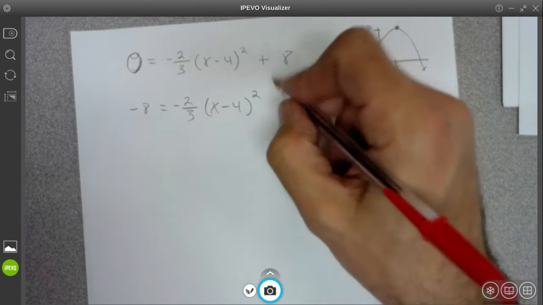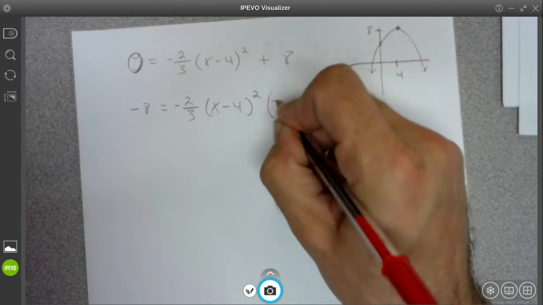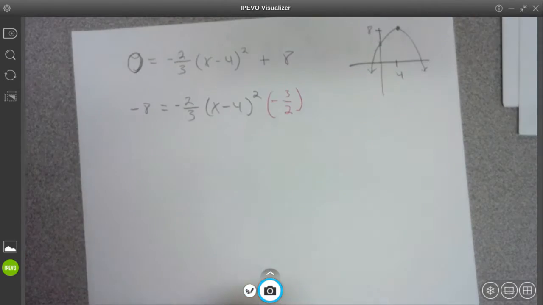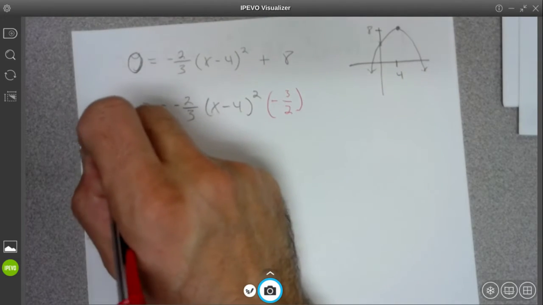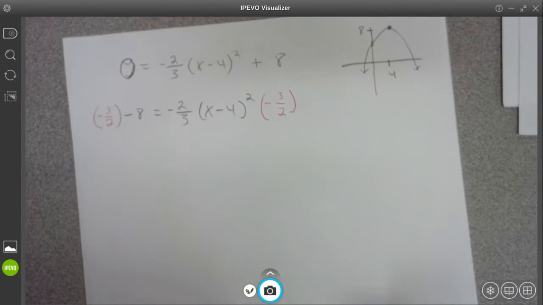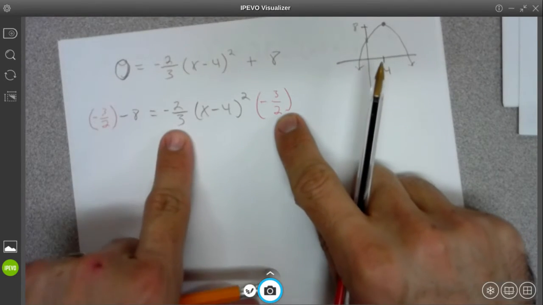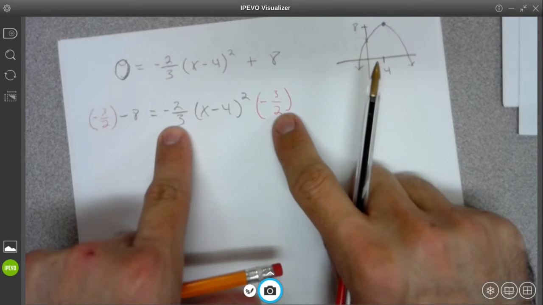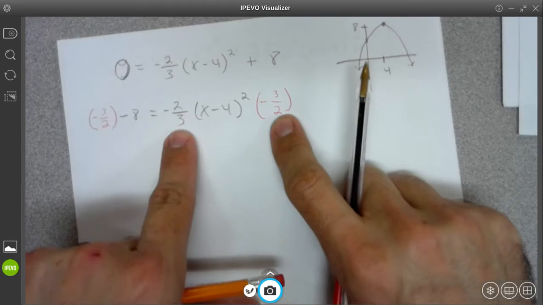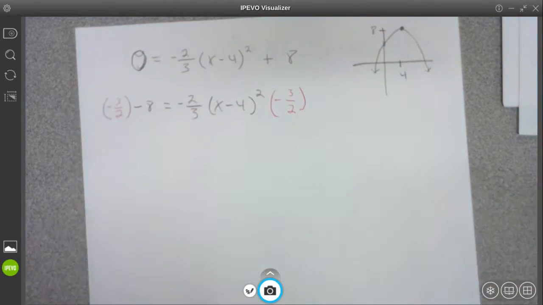So I'm going to multiply both sides by negative 3/2. Notice the negative was still there. And we'll multiply this side by negative 3/2 as well. So 3/2 and 2/3, if you were to multiply those, they would cancel. You'd have 6 on top and 6 on bottom, so that would just be 1.